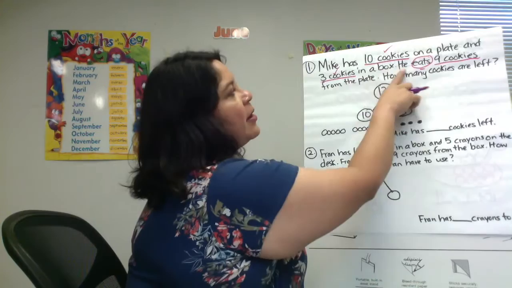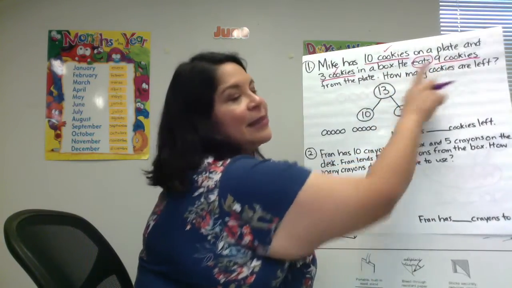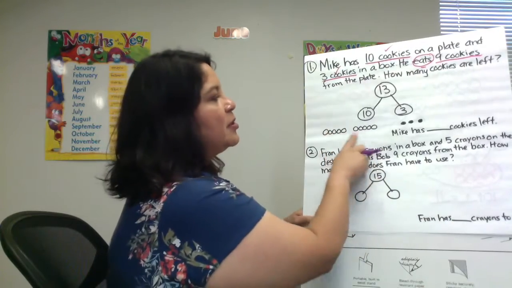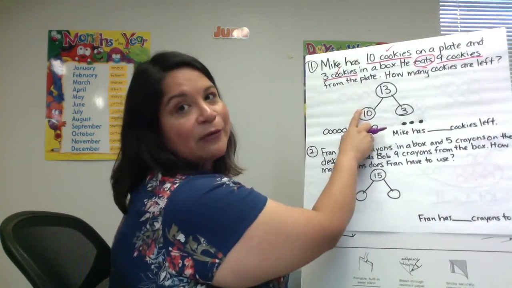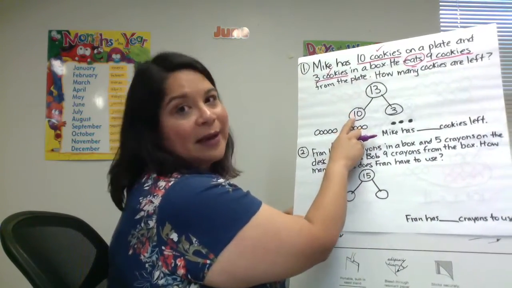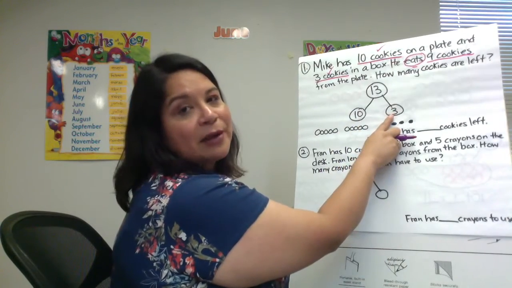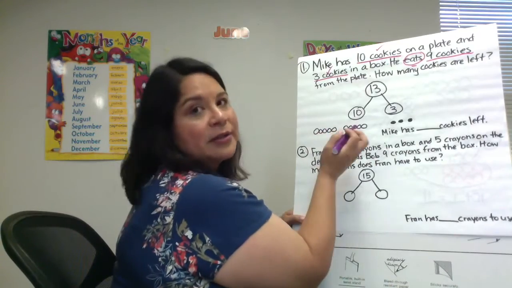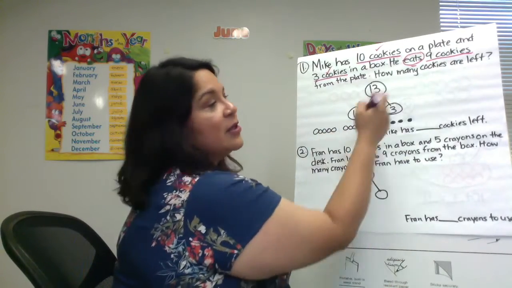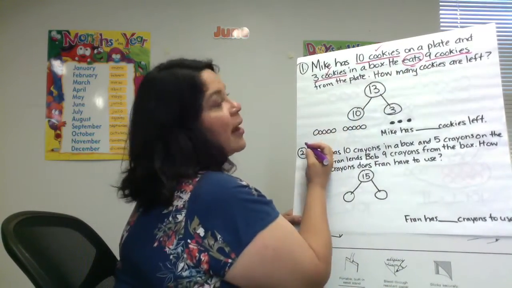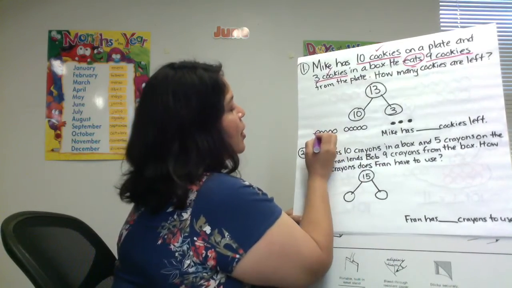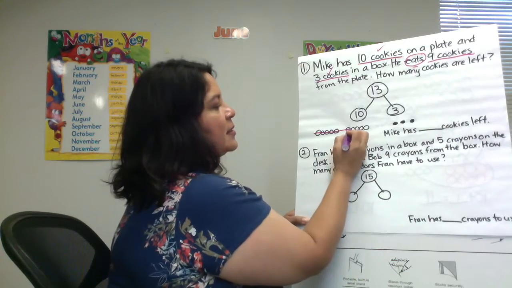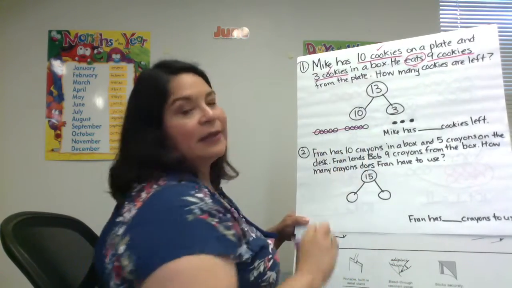Because remember that he ate 9 cookies, right? So what we're going to do is we're going to go to this one because I know I can take away from 10. I can take away 9 from here. Can I take away 9 from 3? No, right? So I'm going to go ahead and scratch them out. How many am I going to scratch out? 9, because those are how many he ate. 1, 2, 3, 4, 5, 6, 7, 8, 9.